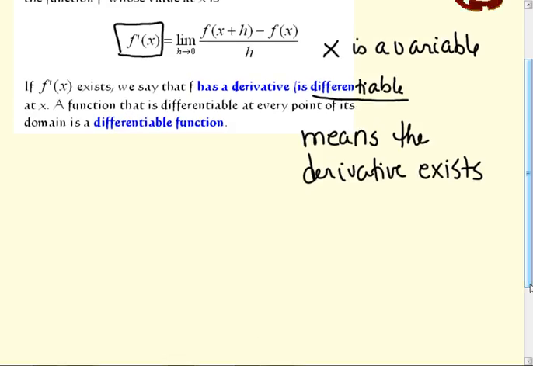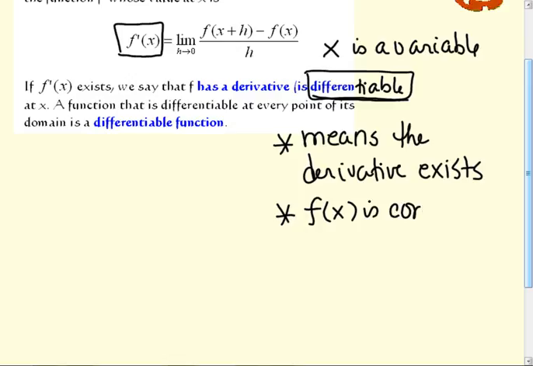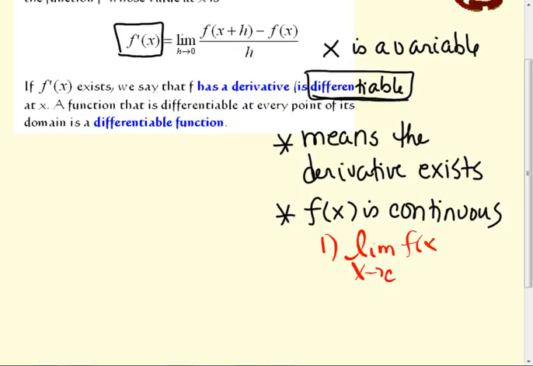So can the function be discontinuous, or does it have to be continuous? It has to be continuous. So when they tell you a function's differentiable, they're also telling you not just that the derivative exists, but f of x is also continuous. And remember, we have three things that happen when we know functions are continuous. Do you remember them? The limit as x approaches some value, call it c, of f of x, has to exist.